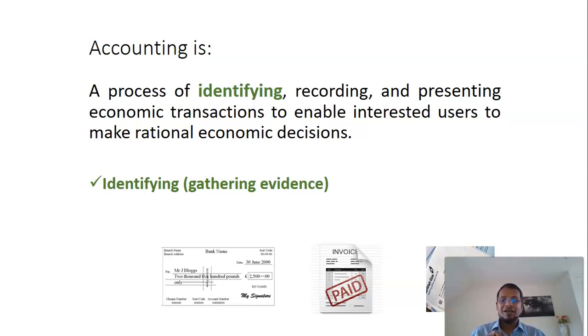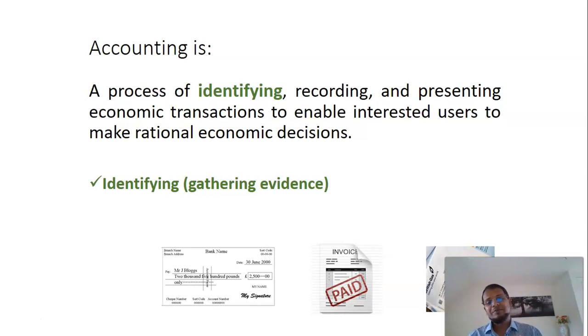Where we identify the transactions, we record the transactions, we prove that the recording is accurate, then we prepare different kinds of financial statements, and then we analyze that information for communicating to the interested people so that they can make necessary decisions for the organization.